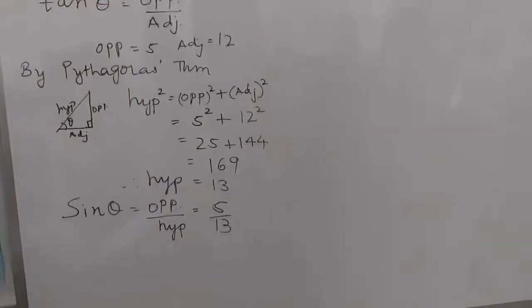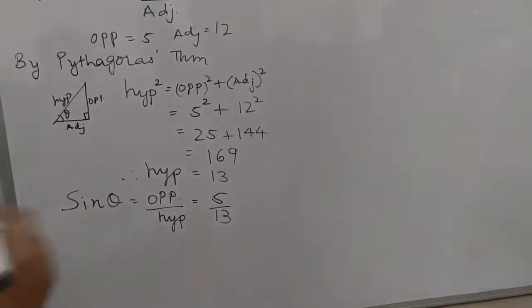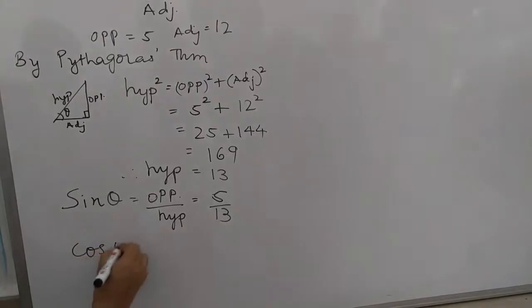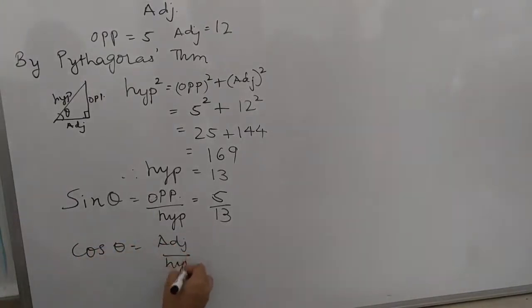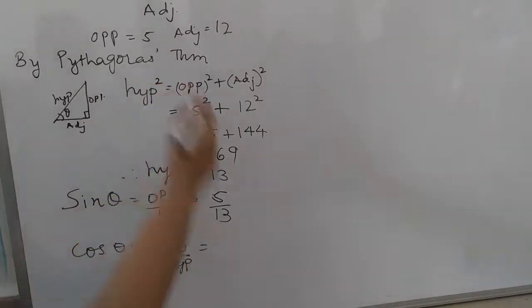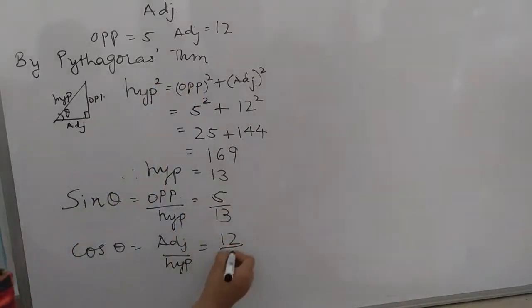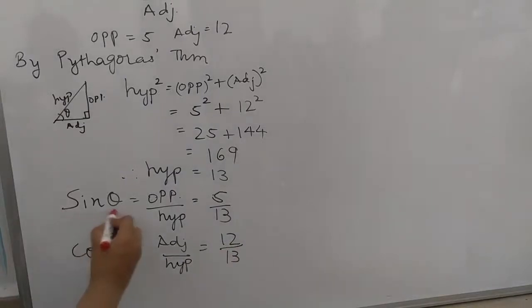The ratio is cos theta is equal to adjacent upon hypotenuse. Writing adjacent side as 12 and hypotenuse as 13, this way we get our two answers: sin theta is equal to 5 by 13 and cos theta is equal to 12 by 13.